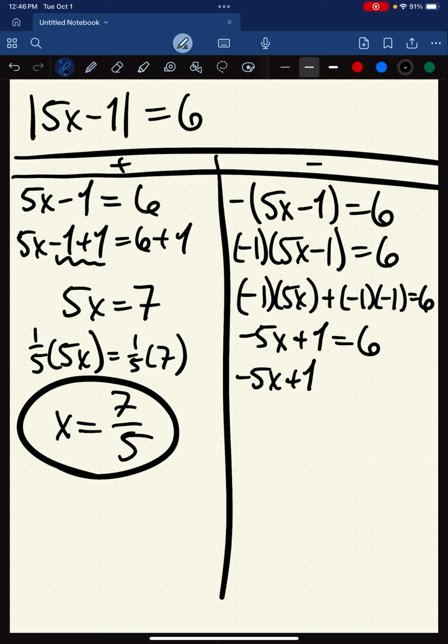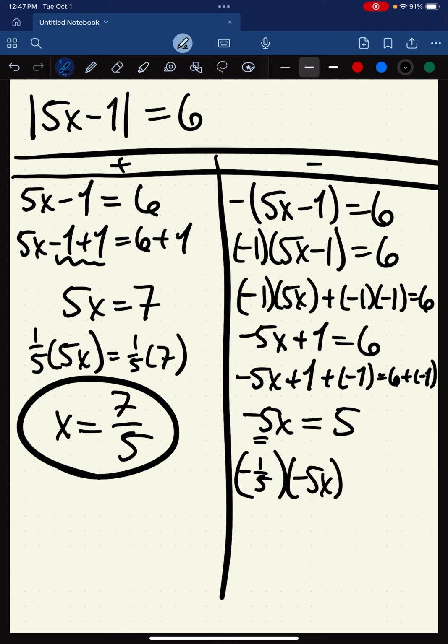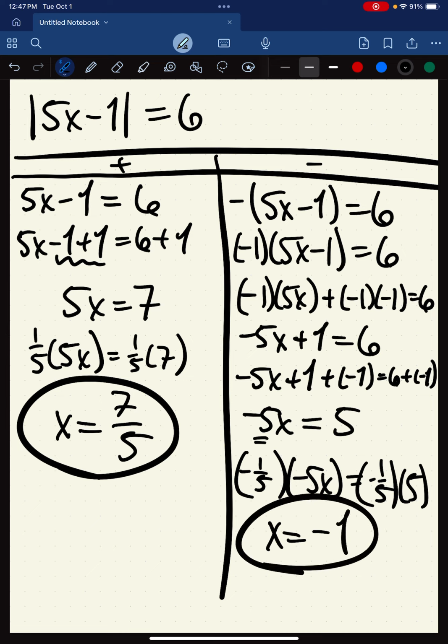Well, negative 5x plus 1, if we add a negative 1 to both sides, on the left side we get negative 5x. That goes to 0. 6 plus negative 1 is 5. Multiply both sides by the reciprocal of what's on x, and we get negative 1/5. Negative 5x is negative 1/5 times 5. We get x is negative 1. So there are two solutions there.